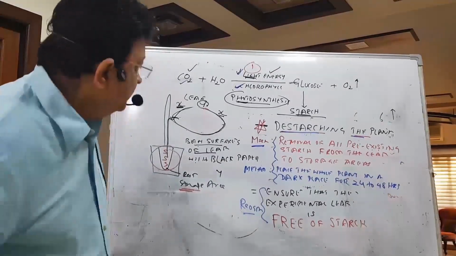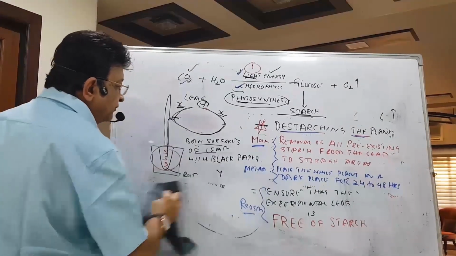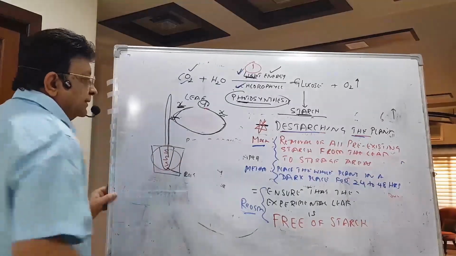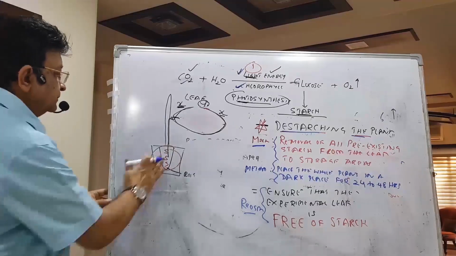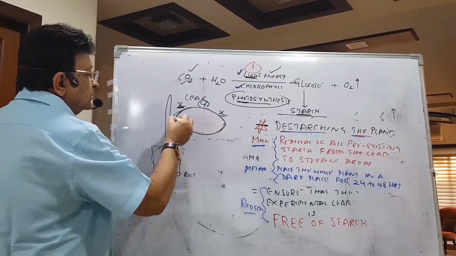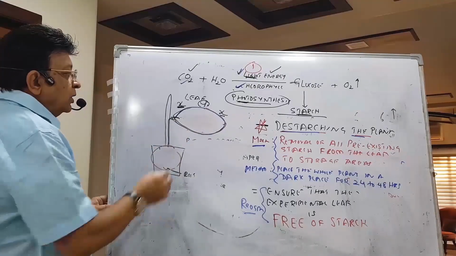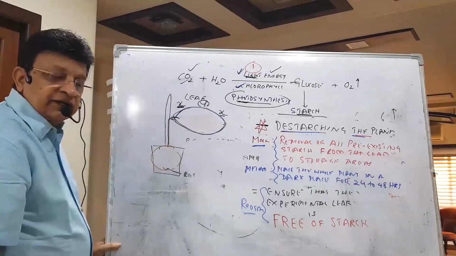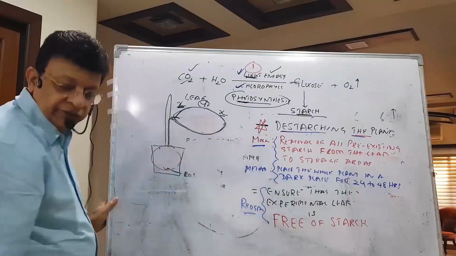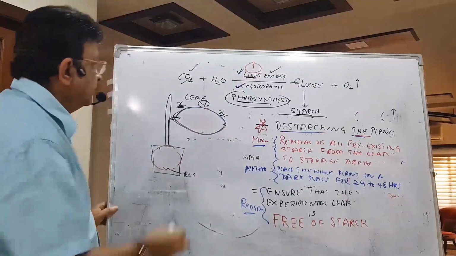So now I come back here. Before covering, pay attention. Now, with this basic idea, I'm coming back to the experiment. You can see that this is a leaf on a plant which has been de-starched. What does it mean? There is no starch on the leaf. Now I cover it with a black paper.